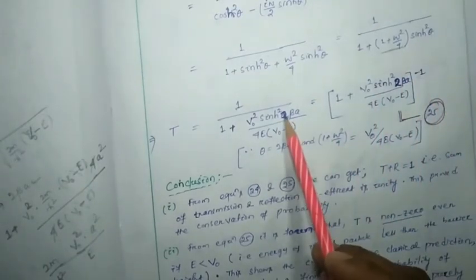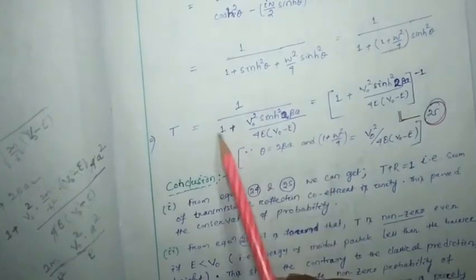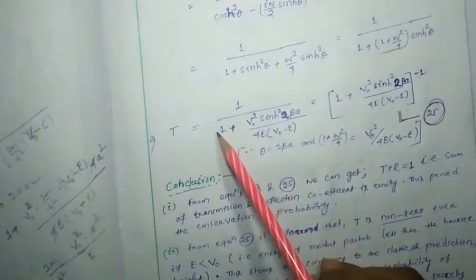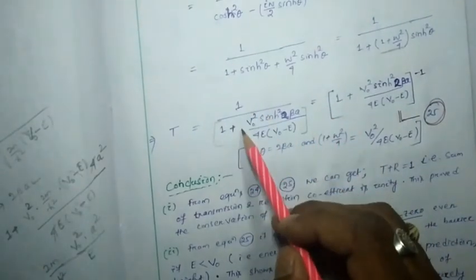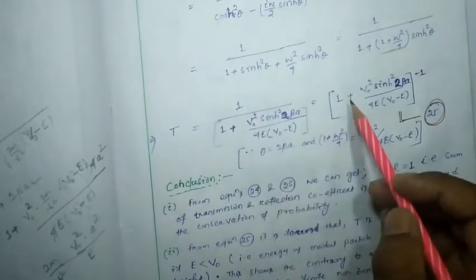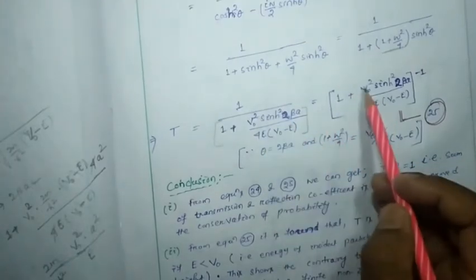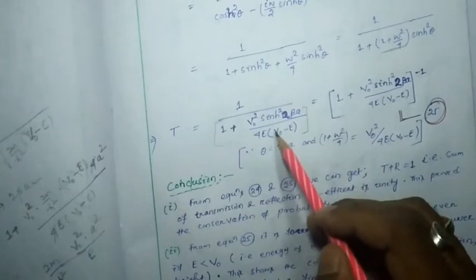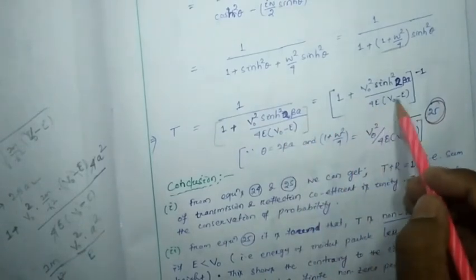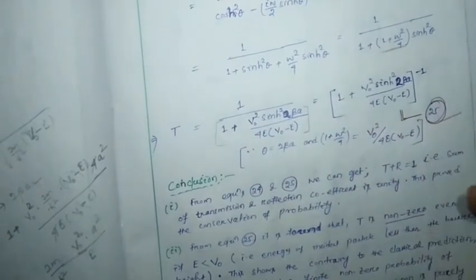Or it can be written as the inverse of the denominator, 1 by 1 plus V0 square sinh square 2 beta a by 4E into V0 minus E, the whole inverse. Let it be equation number 25.